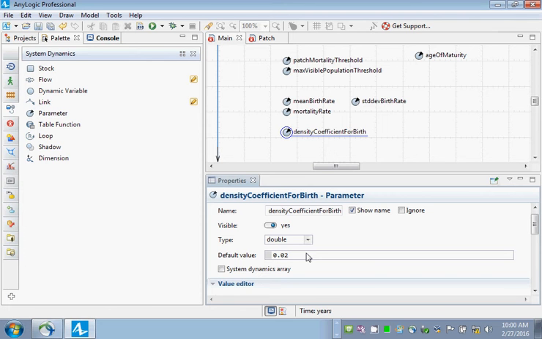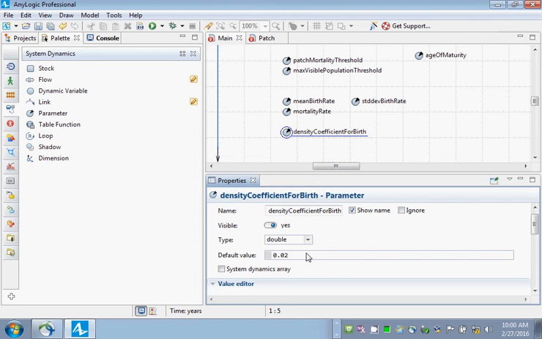Now we're going to rename birth rate at a patch level to instead be called low density birth rate. This implies that when we specify it, we're specifying a birth rate that applies when the density is low.